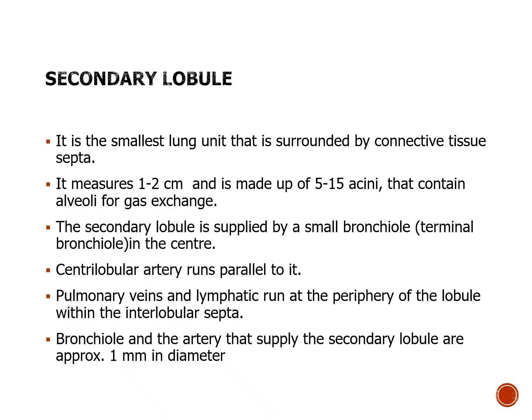The secondary lobule is supplied by a small bronchiole called the terminal bronchiole at the center. Centrilobular arteries run parallel to it. Pulmonary vein and lymphatics run at the periphery of the lobule within the interlobular septi. The bronchiole and the artery that supply the secondary lobule are about 1 millimeter in diameter.